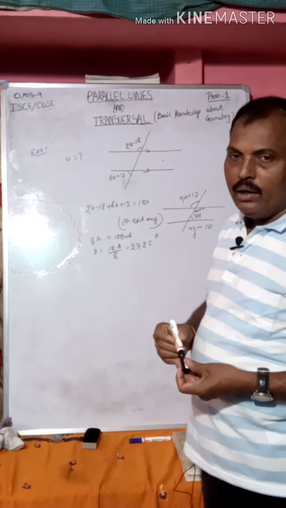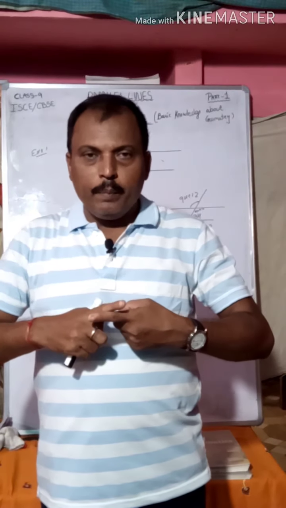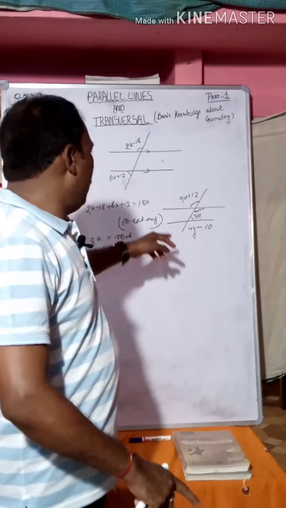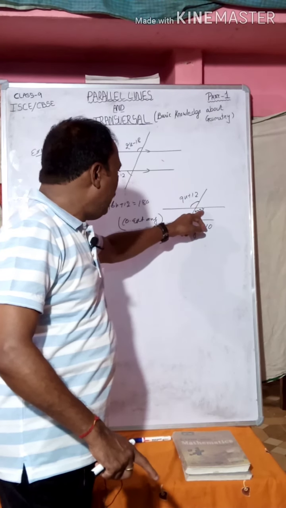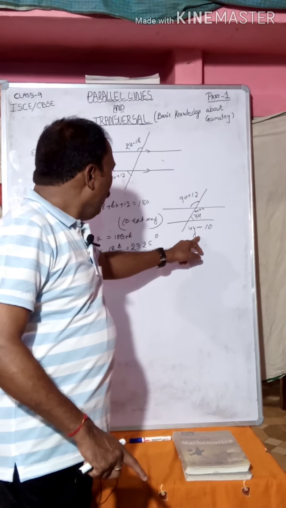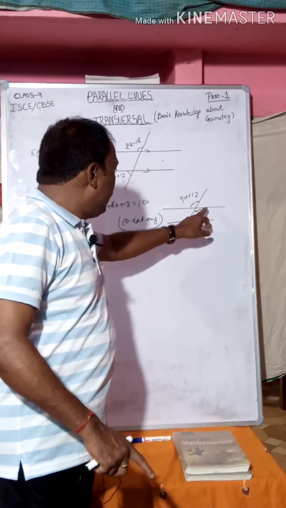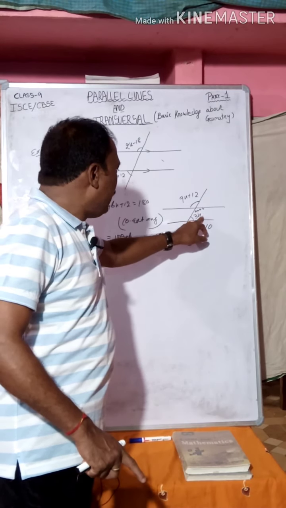How? Why? Vertically opposite angles. When two lines intersect at a point, vertically opposite angles are equal. So the vertically opposite angle of this angle is equal to this angle. So this angle is 9x plus 12 and this is 3x.